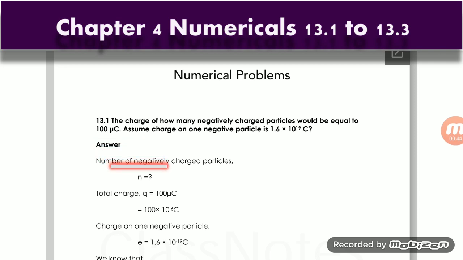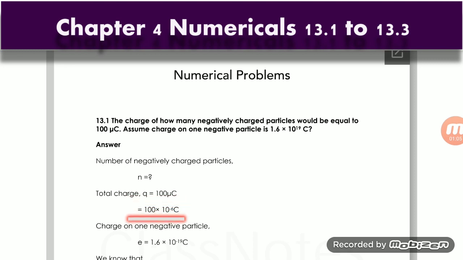Now we will write the given data. First we will write the number of negatively charged particles, denoted by n. It is required, so we will put a question mark in front of it. Then we will write the total amount of charge, denoted by Q, which is 100 microcoulombs.